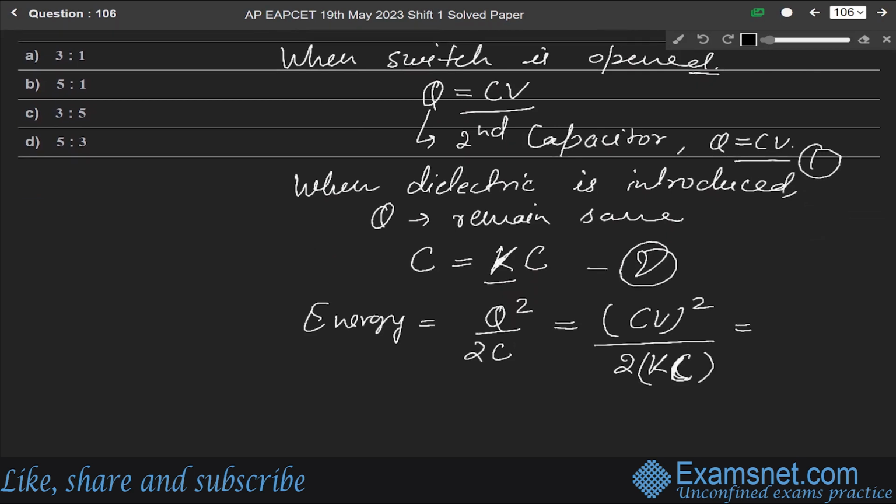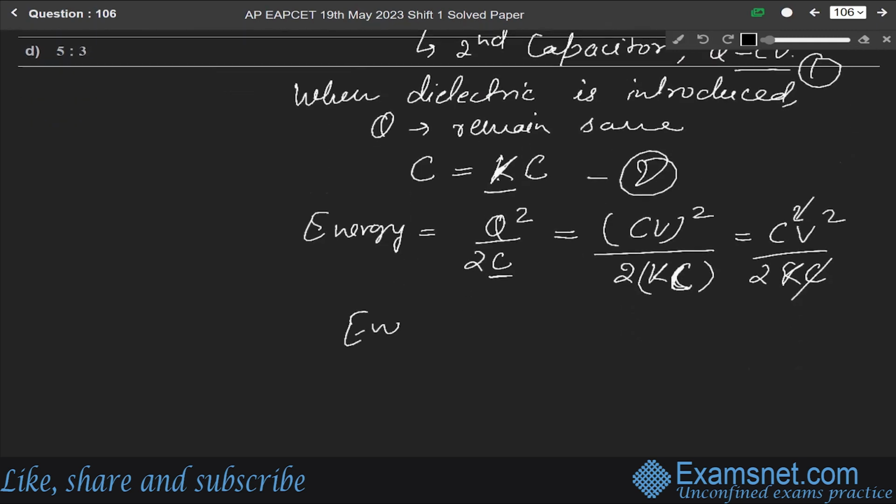So it becomes C square V square over 2KC. This C cancels one power, so we get energy equal to CV square over 2K. Let us say this is equation 3.